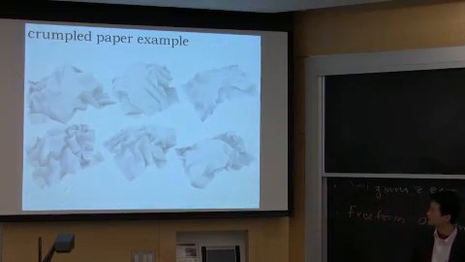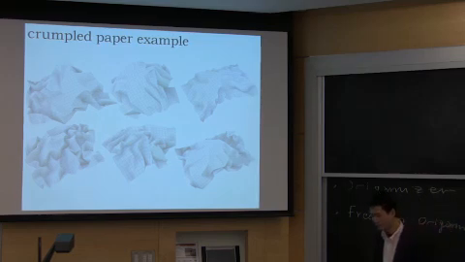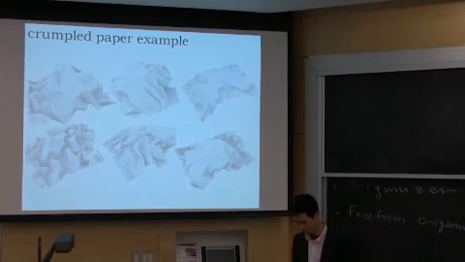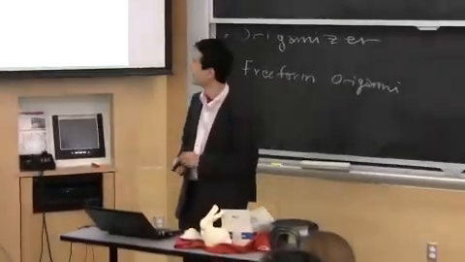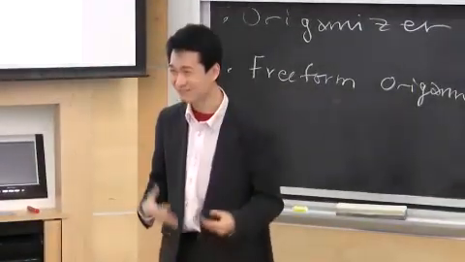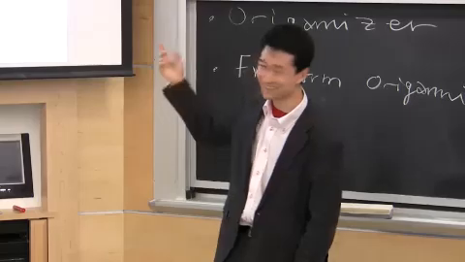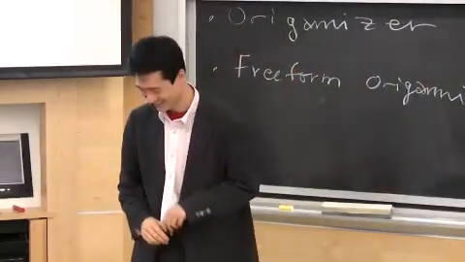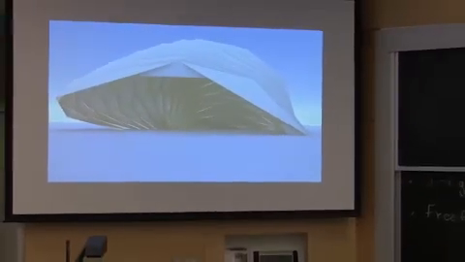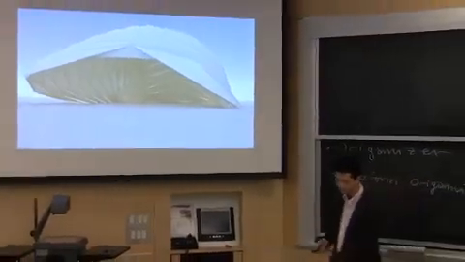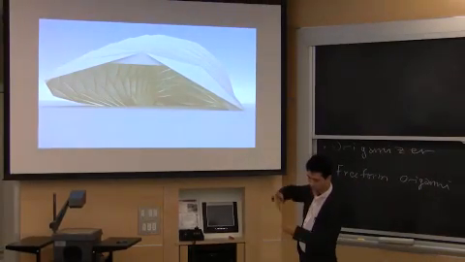So I think this is a good way of using this software. You can design crumpled paper, since it's very hard to crumple paper in real life. If you feel it's very difficult, then you can use this software to crumple paper. This is a generalized version of Yoshimura pattern or diamond pattern that you can use for a kind of shell-like structure.